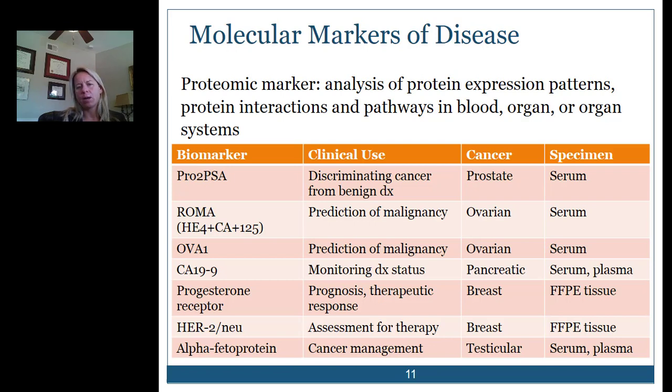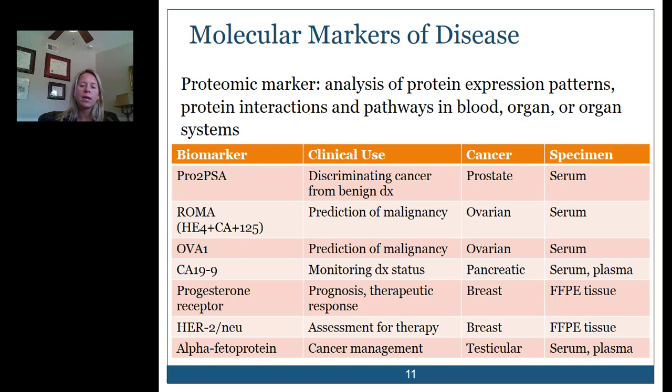So we can talk about, say, prostate cancer. The biomarker that is known to be associated with that is Pro2-PSA. It's used clinically to discriminate cancer from benign disease, and it's collected in serum.